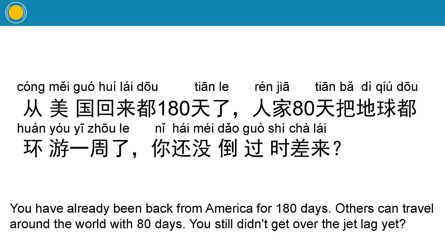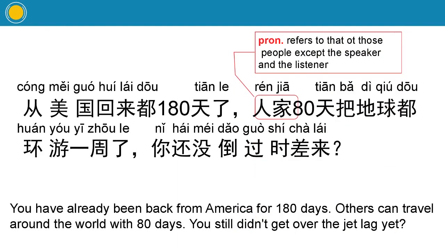Here the first word that I want to ask you about is 人家. This is also a very commonly used word in daily life, so you need to remember it. 人家 here is a pronoun. It refers to that person or those people other than the speaker and the listener.